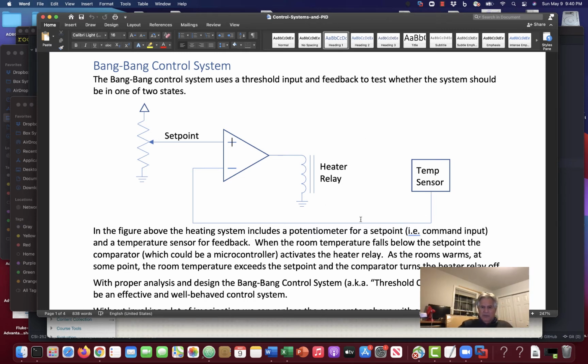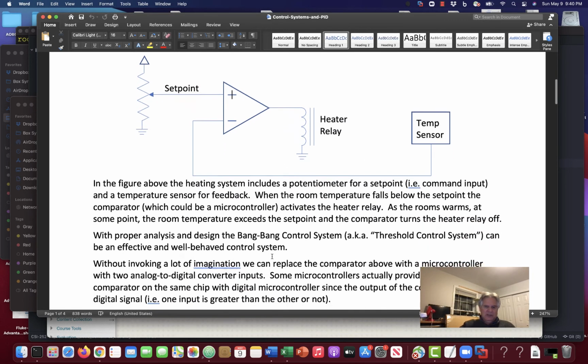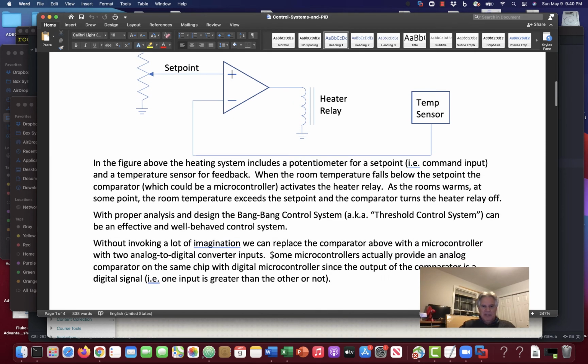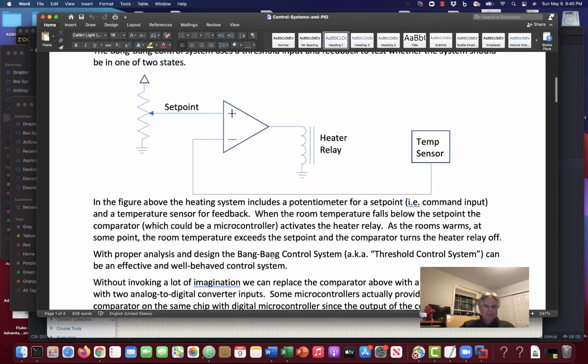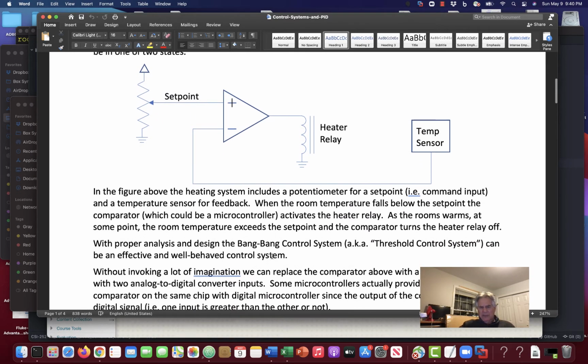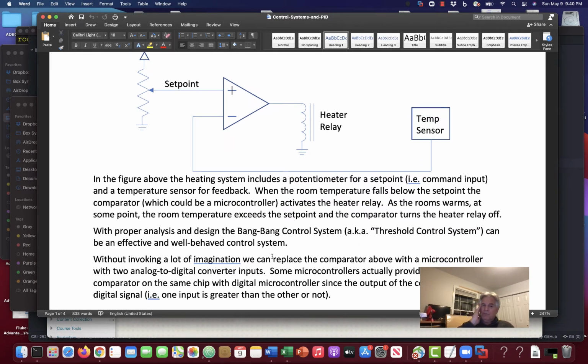When the temperature sensor comes back with a voltage that's higher than the set point, the heater relay turns off, and the room will cool down until it falls below. That kind of system is a bang-bang control system. It's very common, and if done right, it can be pretty effective.